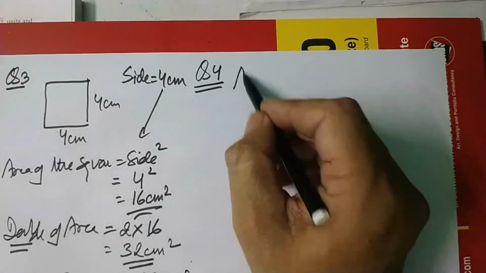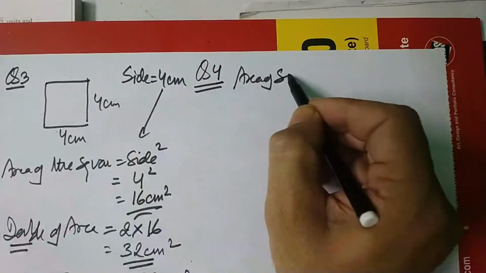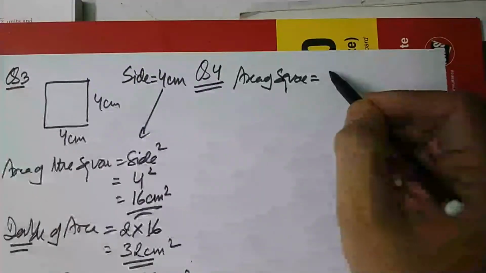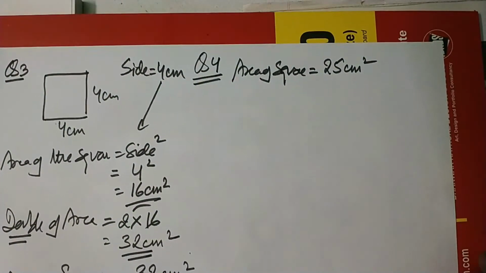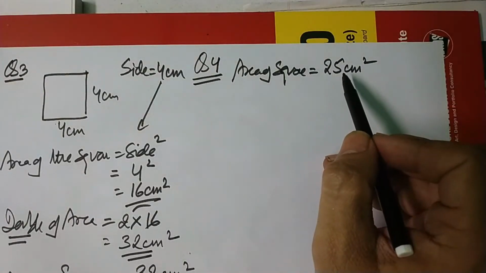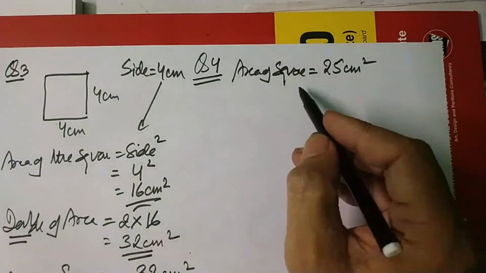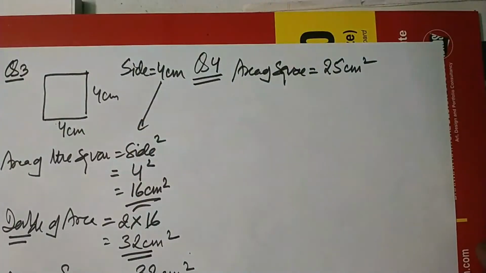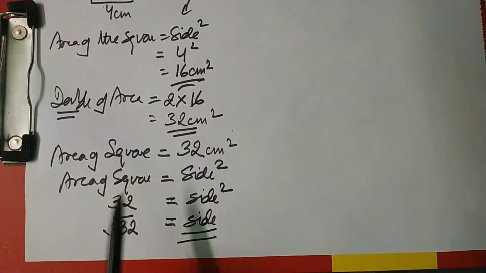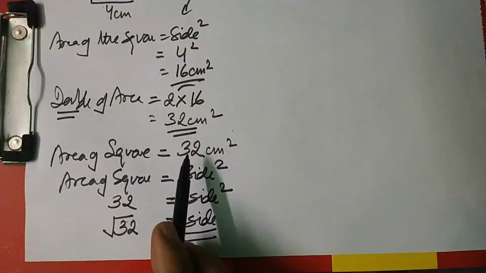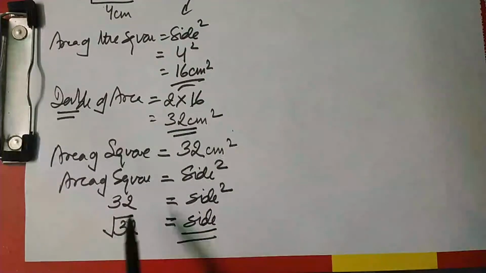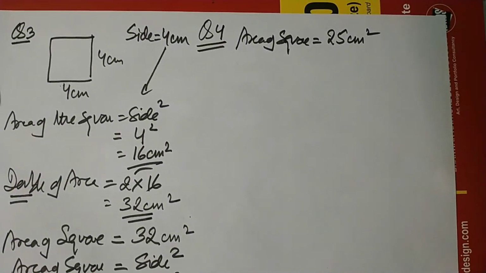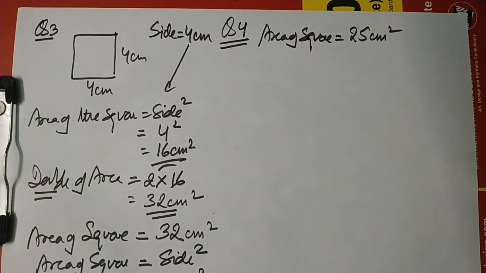So area of square is equal to 25 centimeter square. So what will be the side? Using the same method. If area of square is 32, then what is the side? Same thing you will do here. Tell the answer. What will be the side of this square?